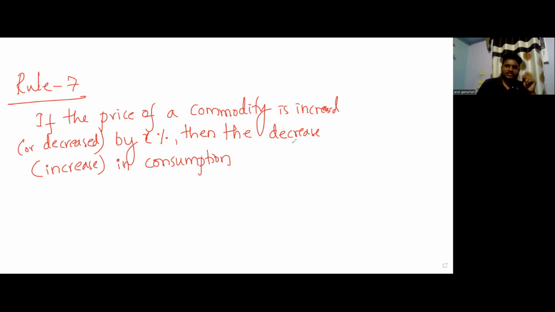When they are increasing, the consumption is decreasing. When they are decreasing, the consumption is increasing.